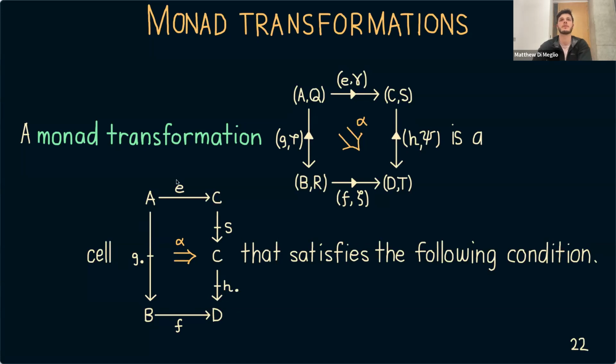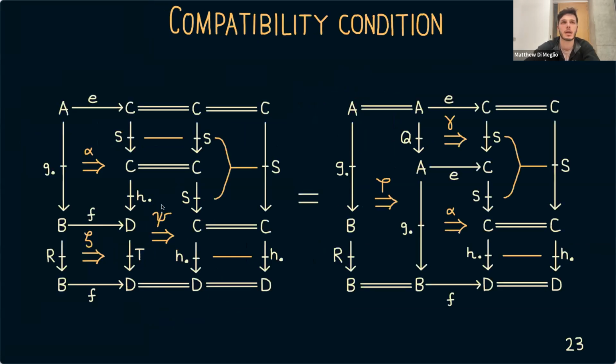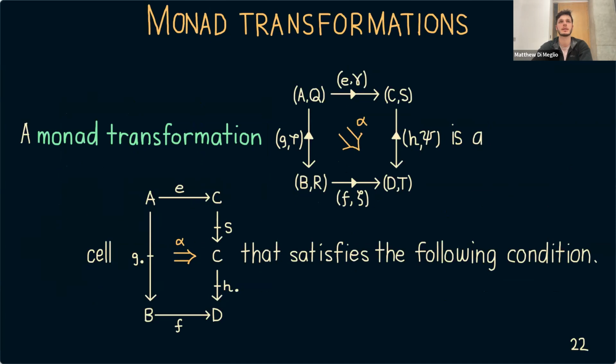So it's a cell of this shape that satisfies this condition here, which maybe looks quite complicated, but there are ways of massaging this diagram to make it look more symmetrical or make a bit more sense. The point is that this is exactly the right definition of cell, such that when we look at the double category of matrices in V, the monad transformations correspond to natural transformations.